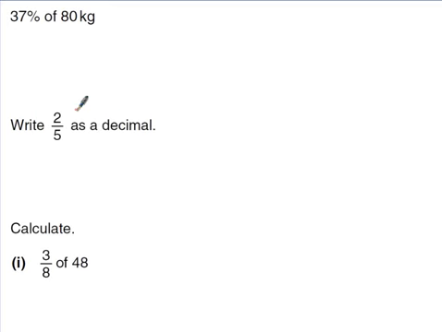So now, what about if they want percentages, fractions of amounts, or if they want you to convert between decimals and fractions? Well, the main thing you need to know is what this "of" word means in maths. What mathematical operation does it mean? If I asked you for 3 lots of 5, we'd do 3 times 5, which is 15.